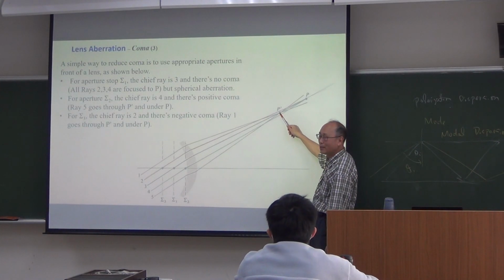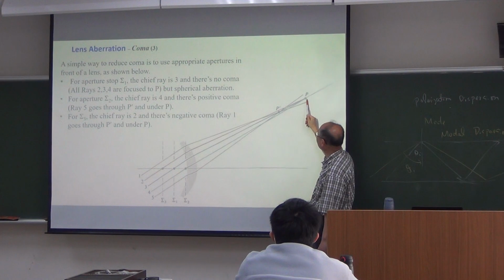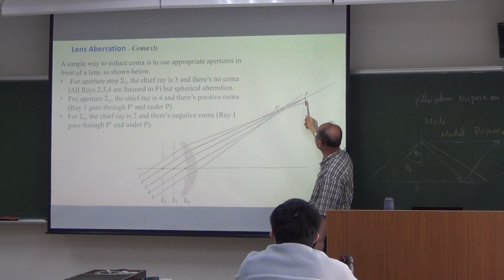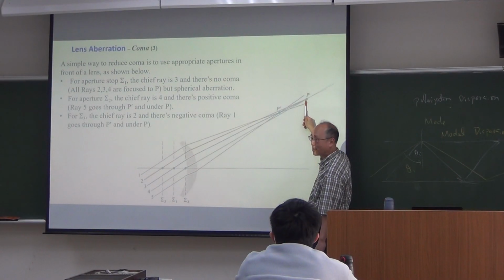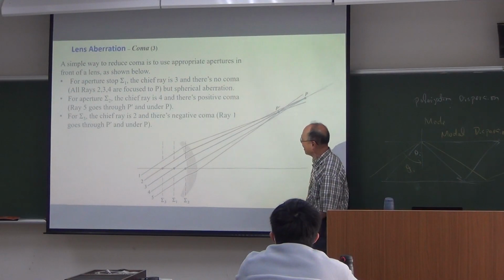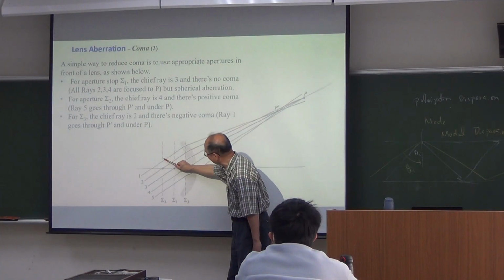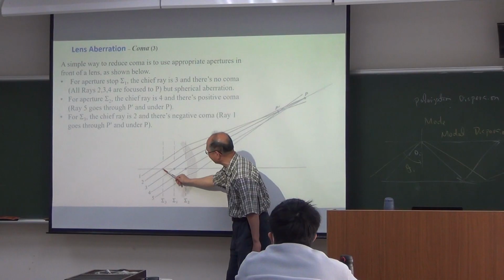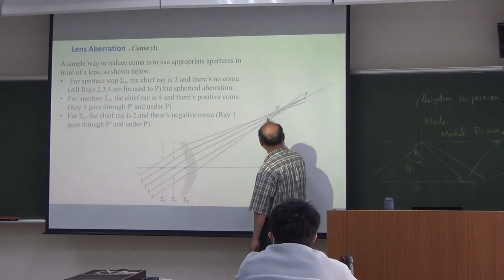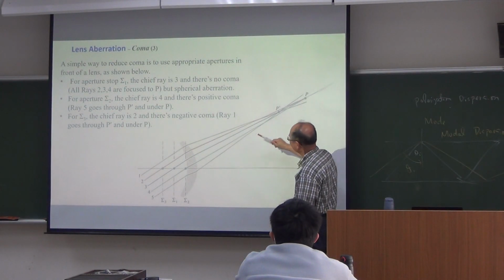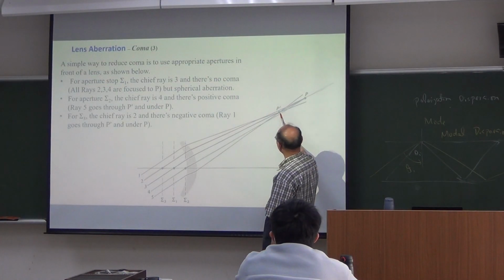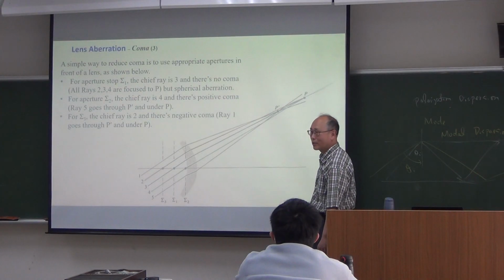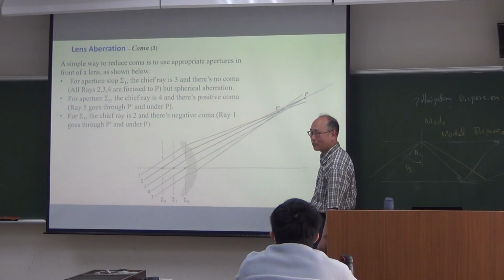So this is the positive coma, and this is the negative coma. But if you use an aperture like sigma 3, the chief ray becomes this, and these two will still focus to this point, but then this line goes to this point. So a different kind of aperture is going to give you a different kind of compensation for the coma.